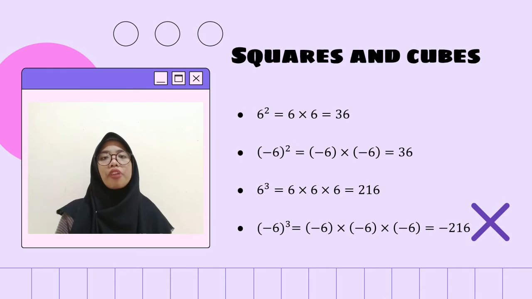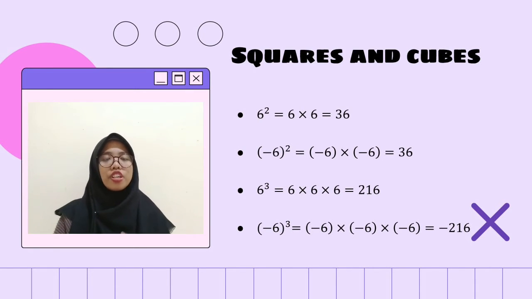Number 4, we are looking for the cube of negative 6. So, negative 6 cubed equals negative 6 times negative 6 times negative 6 equals negative 216. Why do we have a different answer between 6 cubed and negative 6 cubed?